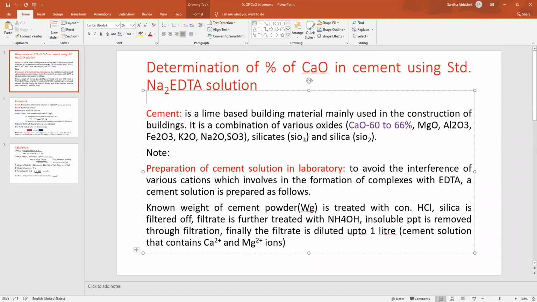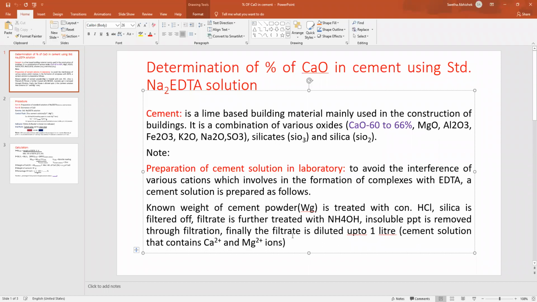When the filtrate is treated with ammonium hydroxide, some of the constituents present in cement get precipitated as insoluble hydroxides.